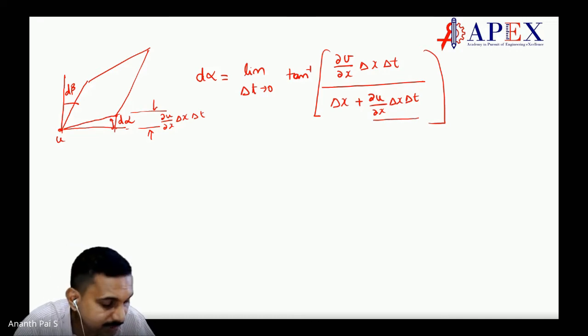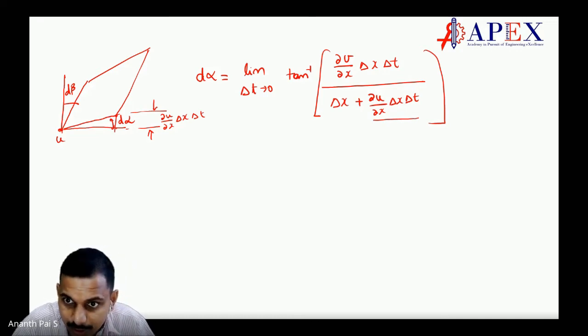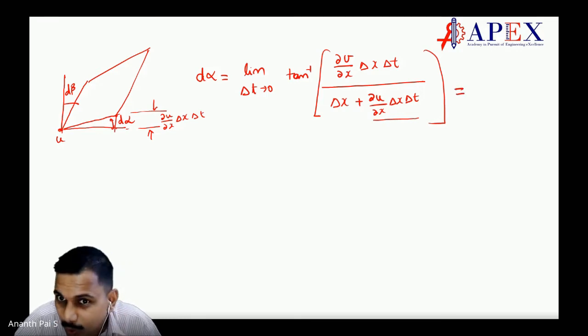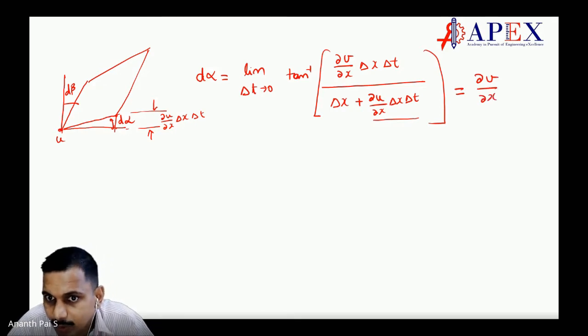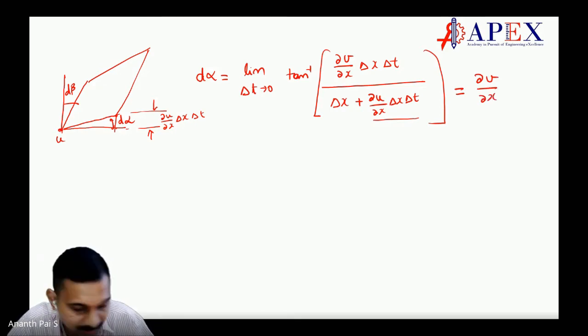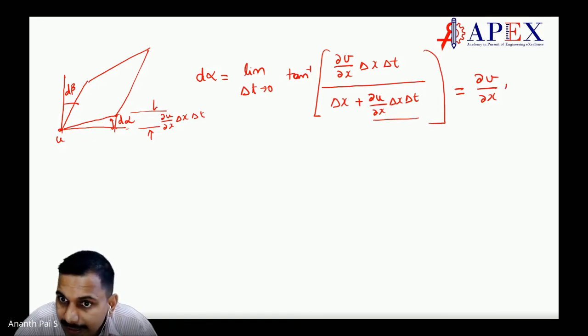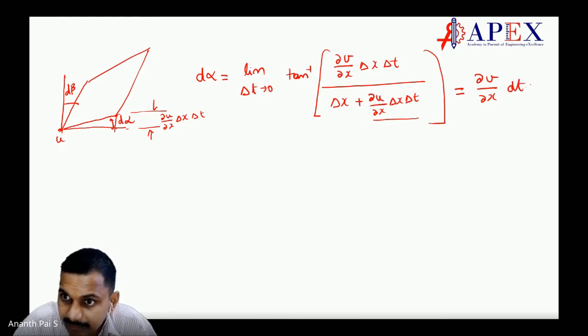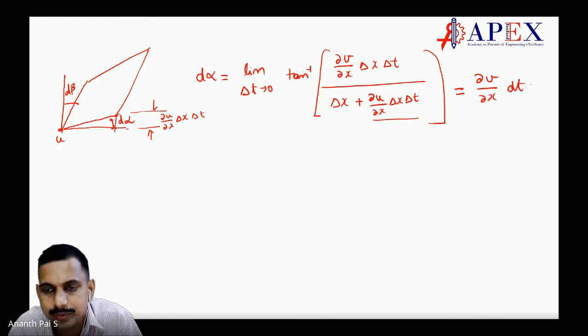And even if delta x tends to 0 and delta t is over here, this comes down to dou v by dou x into delta t, correct? How does it come down?